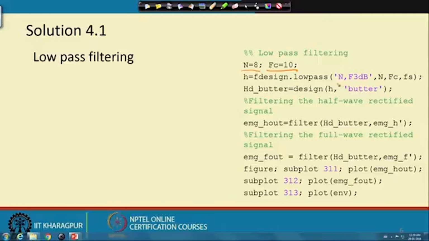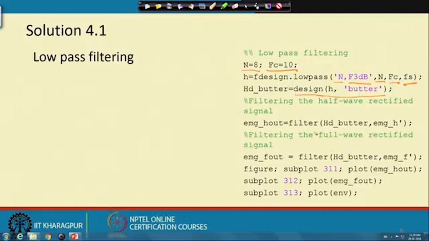Using the design criteria, the order and the 3 dB bandwidth, we assign them N and FC, that is 10, and Fs we know is 10 kilohertz in this case. With that we have created the design, and then the low pass Butterworth filter using that criteria.